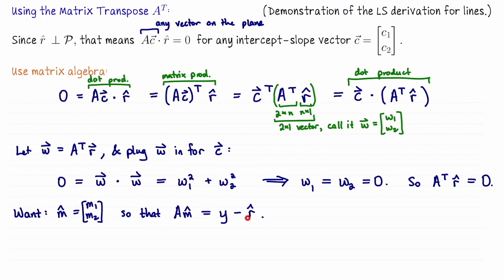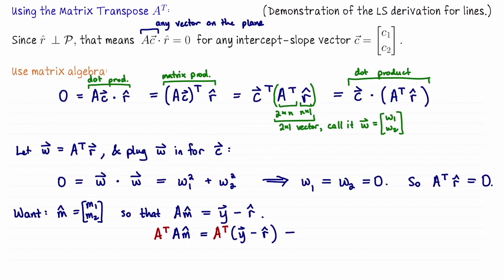So let's take this equation and multiply the left-hand side and the right-hand side from the left by the matrix A transpose. So I'm just going to do A transpose on the left, A m hat, equals A transpose on the left times the vector subtraction y minus r hat.